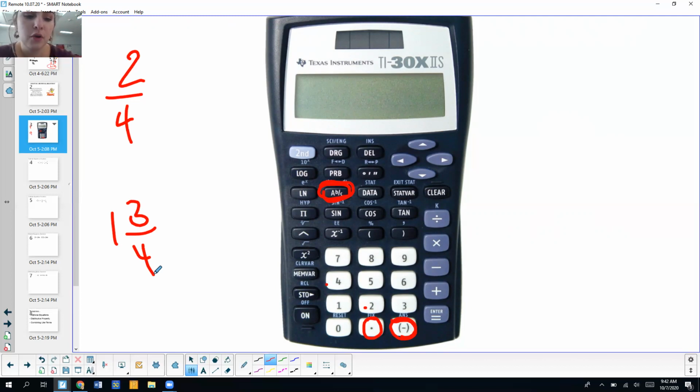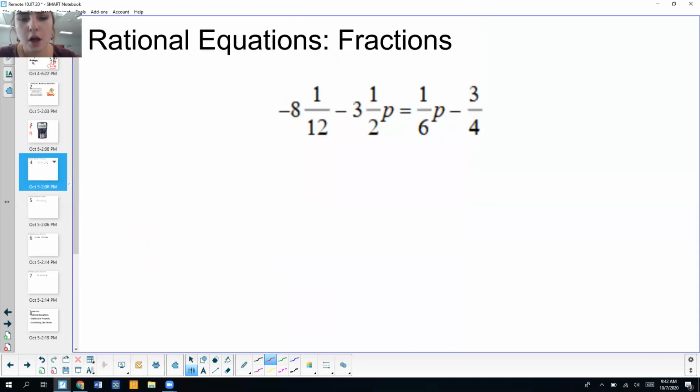That gives you a mixed number. When we have the whole number and the fraction attached, we press it twice. We'll review this today while going through examples, but make sure you're aware of that moving forward. It looks scary, but you're going to be just fine.